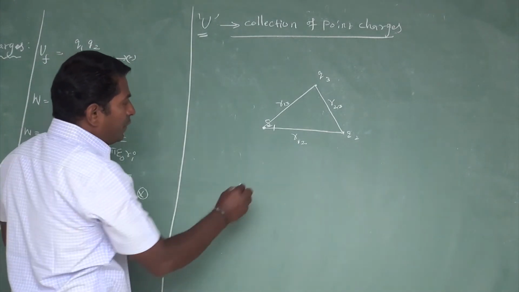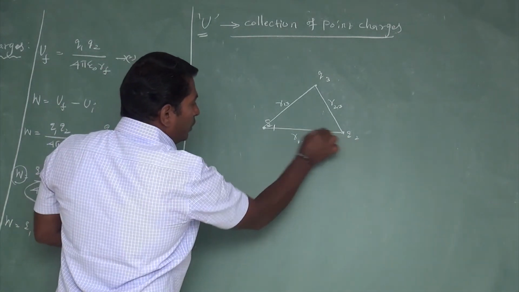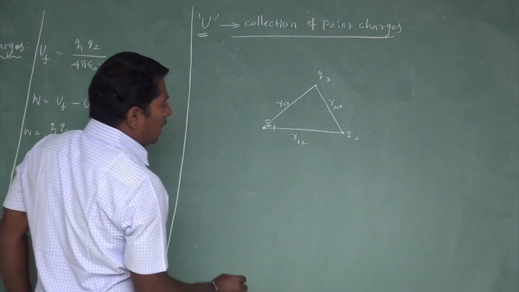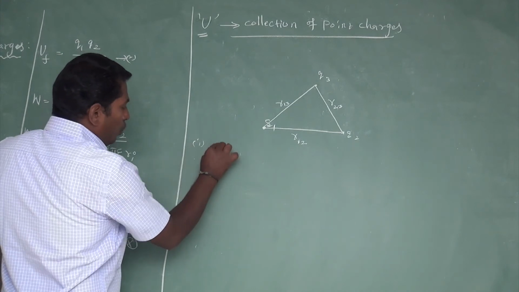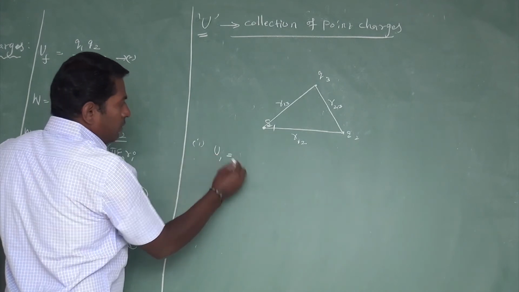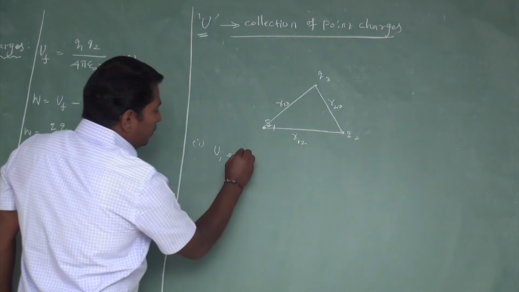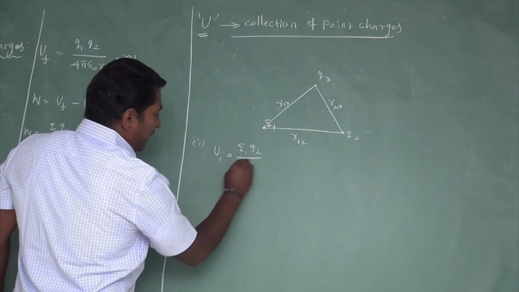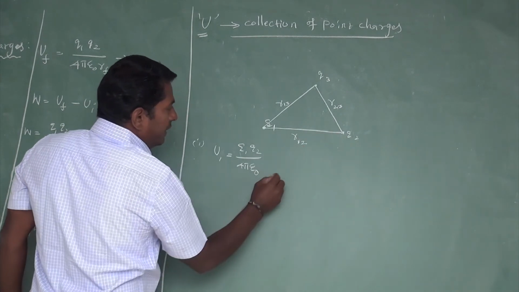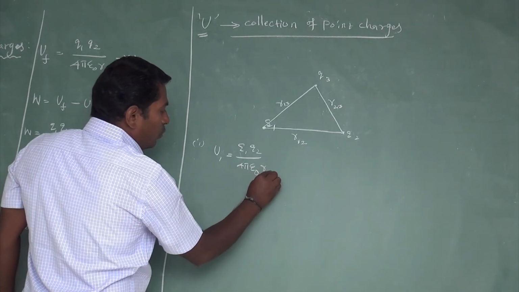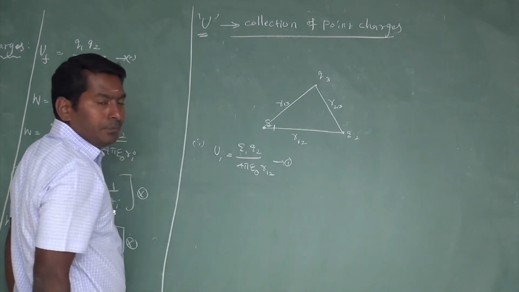For example, in the first case, the electrostatic potential energy between Q1 and Q2, we already know, U1 is equal to Q1 Q2 divided by 4 pi epsilon naught, where the distance of separation between the two point charges is R12. Equation number 1.